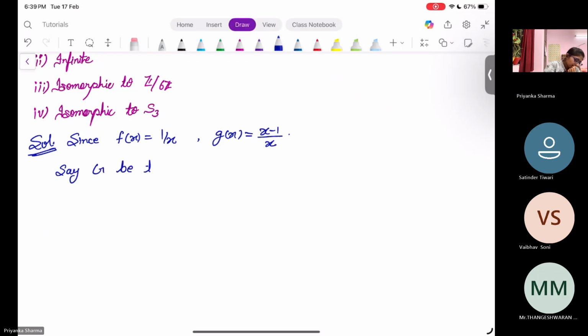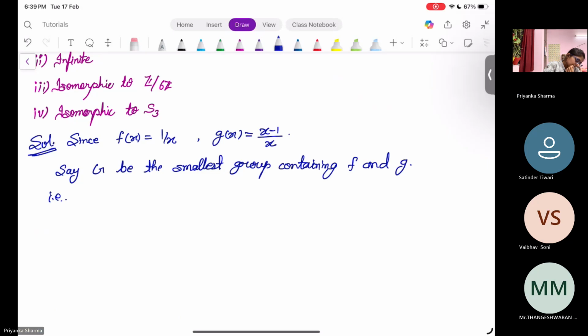Say G is the smallest group containing f and g.